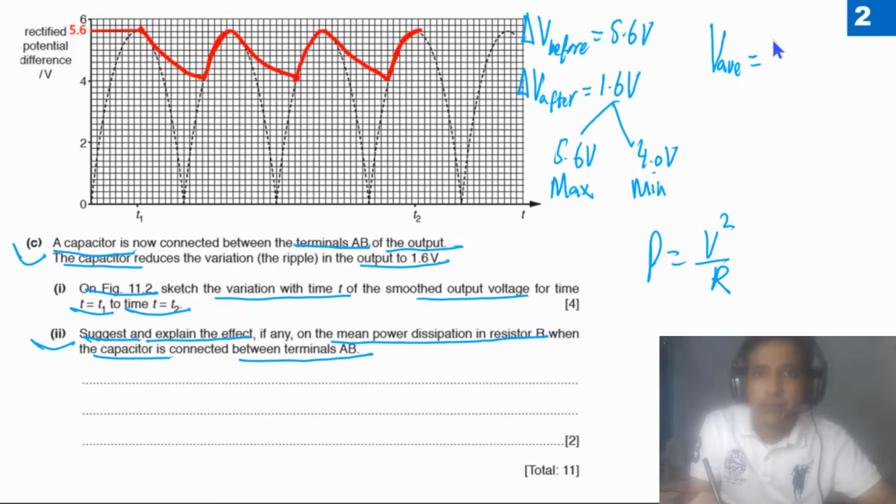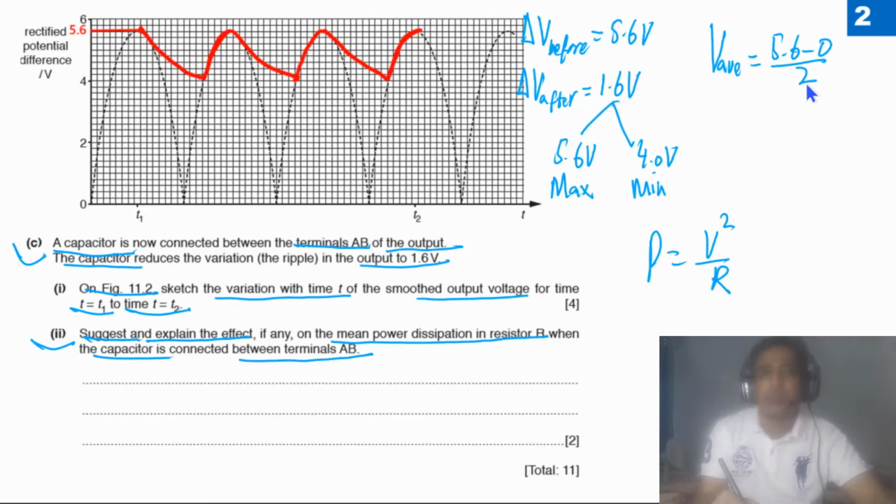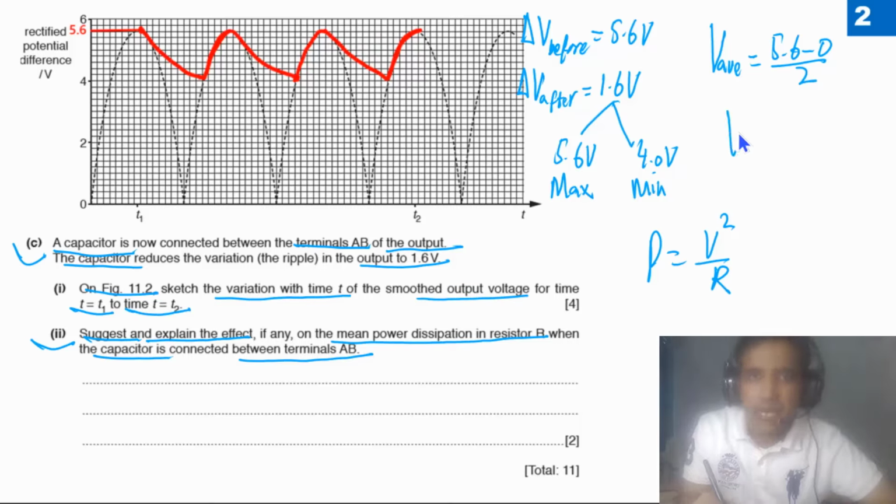V average, we have 5.6 minus 0 divided by 2. So this is the V average. And after, we have the V average that is 5.6 plus 4.0 divided by 2.